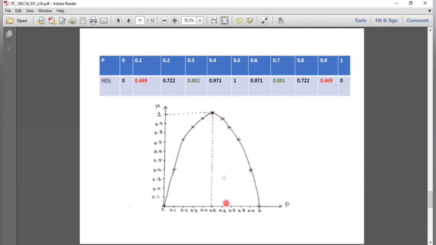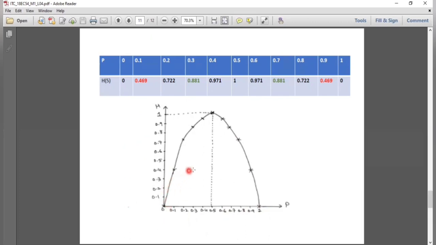Similarly, when P is 0.6, entropy is 0.97. When P is 0.9, entropy is 0.469. So this is the graph you obtain when you plot P versus H. Entropy vanishes when P is 0 and when P is 1, and as probability varies, entropy varies.